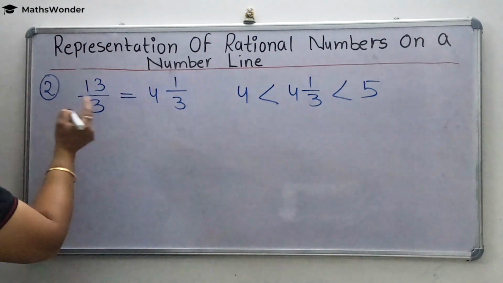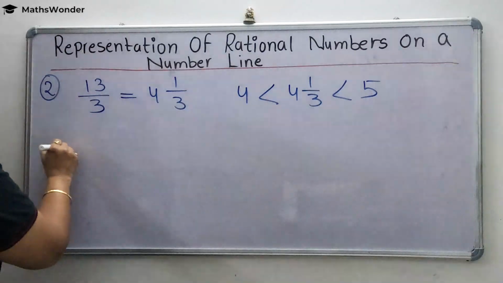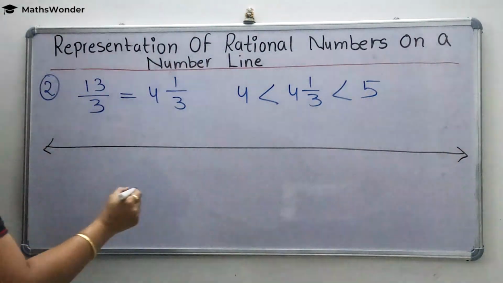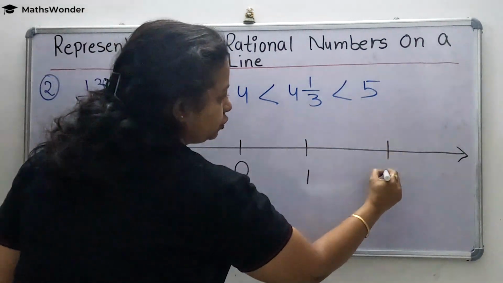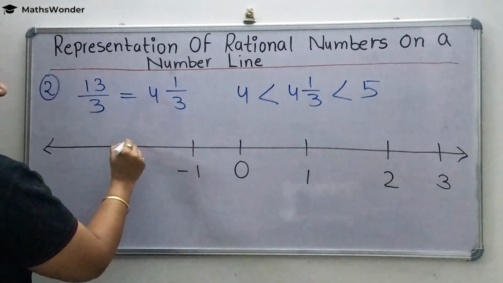See, first of all, before this, you have to understand one very important concept here. 0 is in between, right? 1, 2, 3, and so on are positive, as you know from the number line.